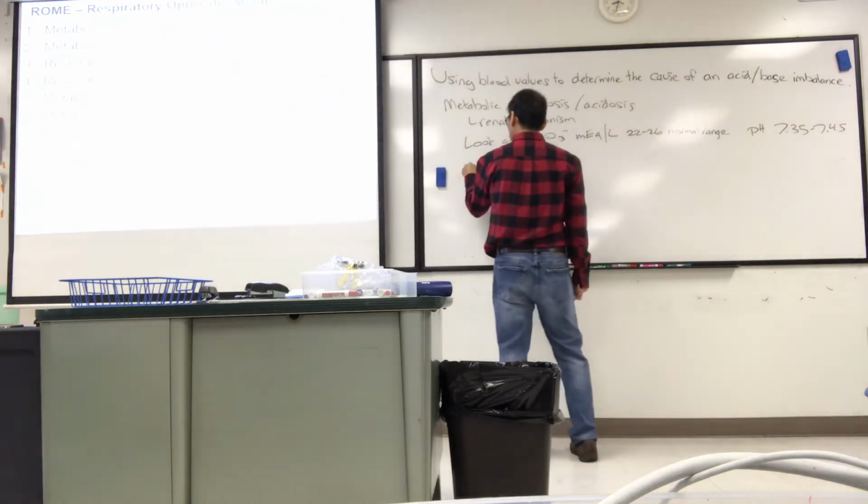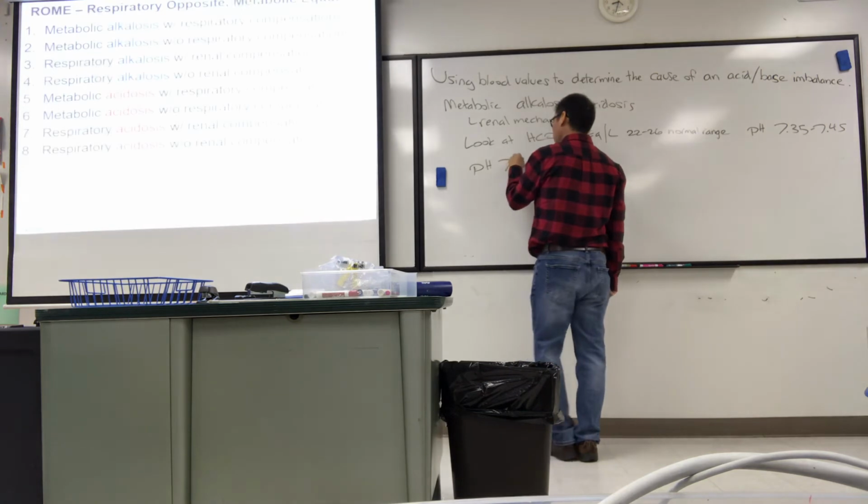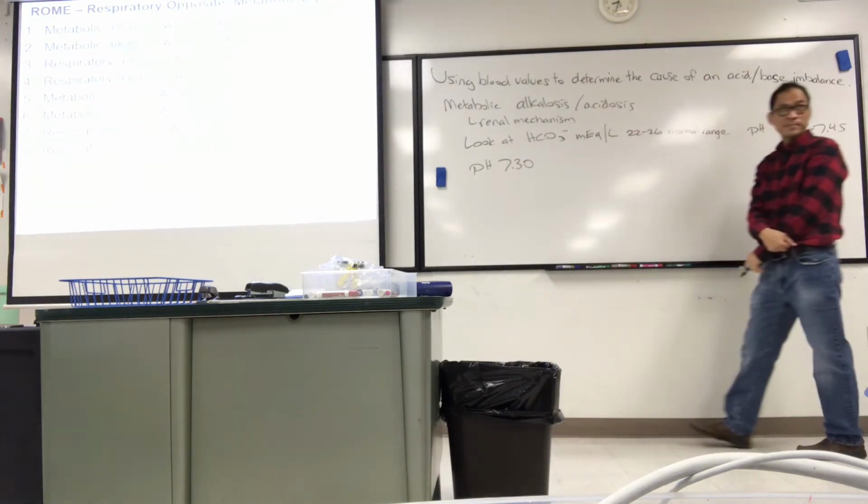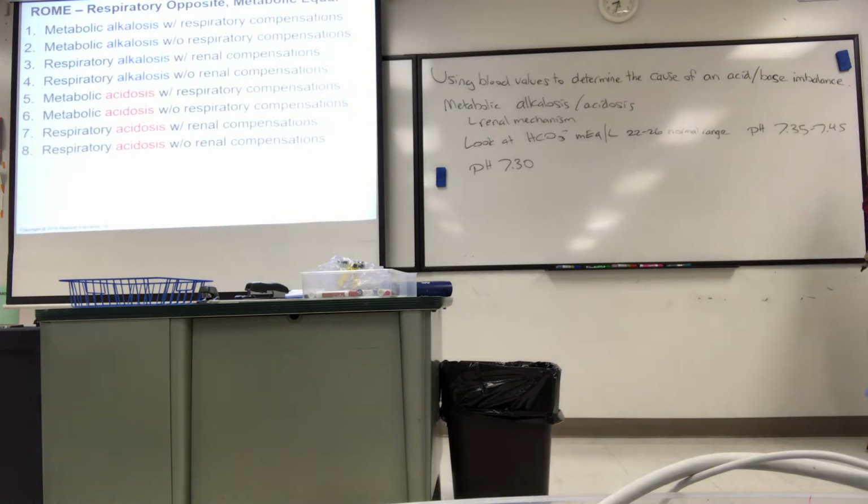So let's say, as an example, the pH is 7.30. Is that too high or too low? Too low. That's too low. So let's say this is an example of a metabolic acidosis.